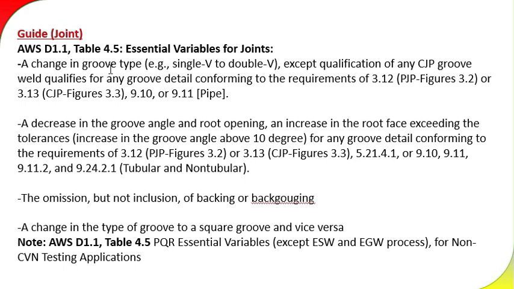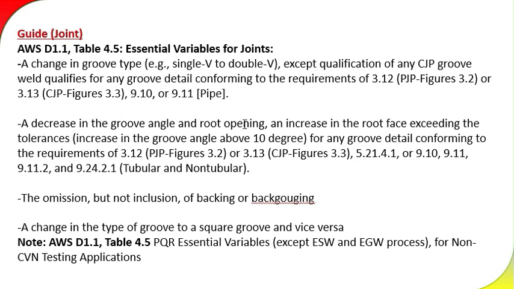So a change in the groove type, if it is single V, double V, except qualification for any CJP groove. There is a single V, double V, but there is no qualification for any CJP groove or for any groove details, then we need to make a new PQR.